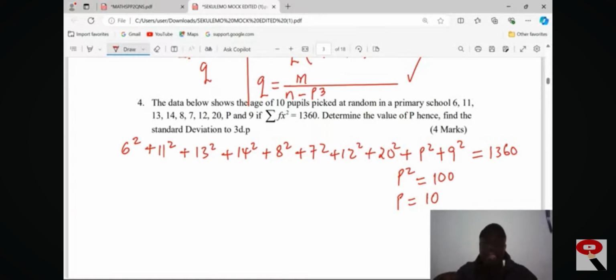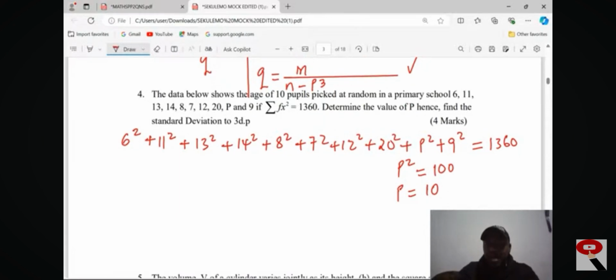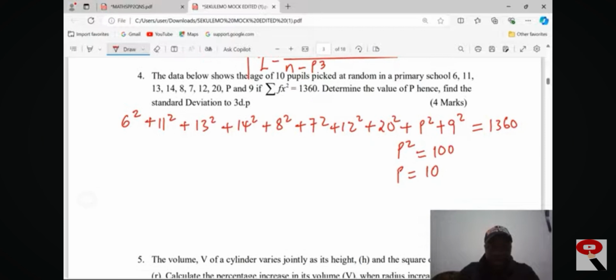We have our value of P, and now we can proceed to determine the variance, standard deviation that is, and we have been told to 3 decimal places. Remember, for us to get variance, we have to get the mean first. Let's get the mean of each value.